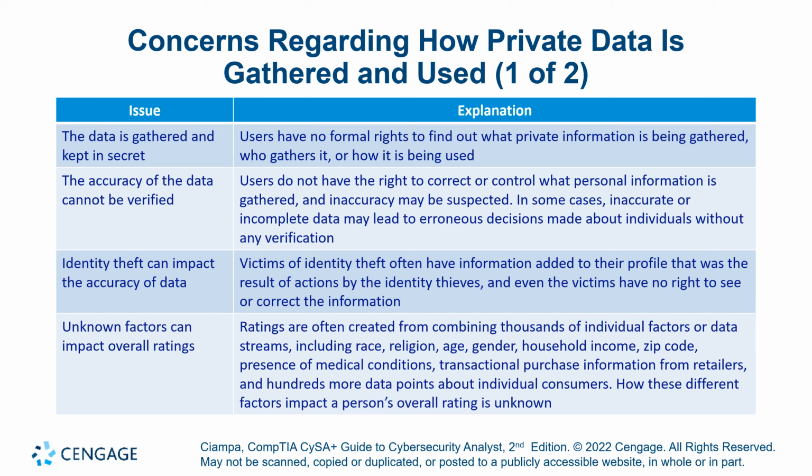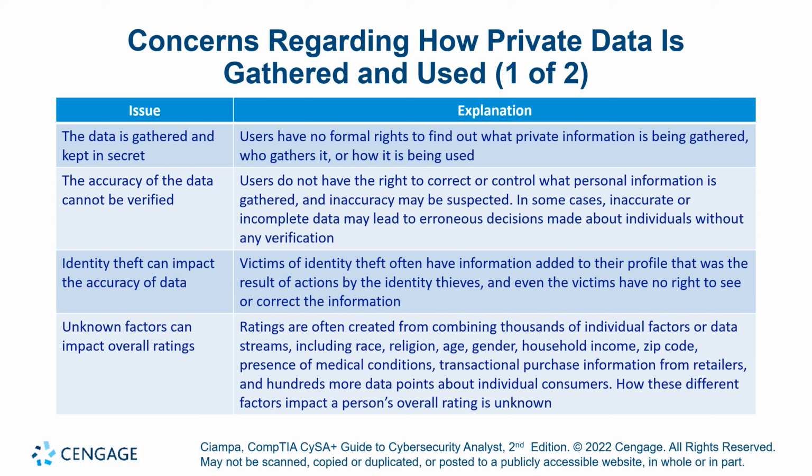Unknown factors can impact your overall ratings. Ratings are often created from combinations of thousands of individual factors or data streams, including race, religion, age, gender, household income, zip code, presence of medical conditions, transactional purchases, information from retailers, and hundreds of other data points about your individual consumer information.